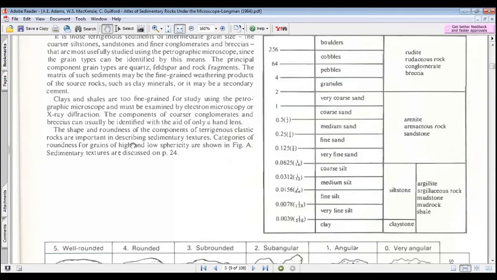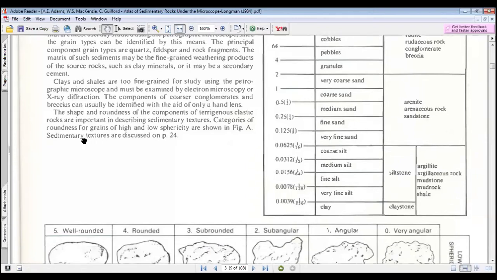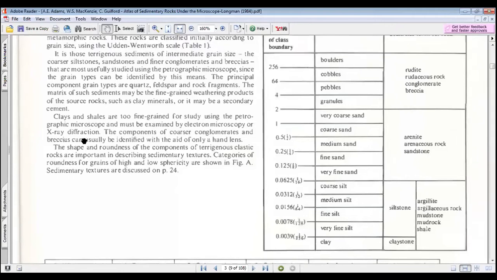There are also important parameters like the shape and roundness of these components, because shape and roundness reflect how far the sediments were located from their source, and now at what site they are. So it will tell you the distance a sedimentary rock has traveled.